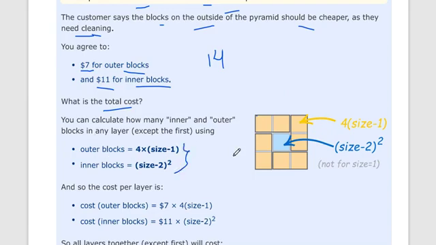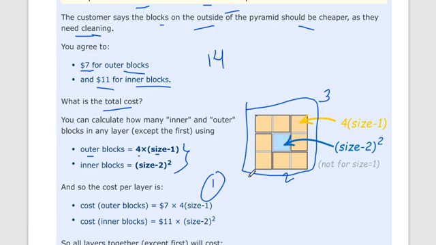Here we have some equations to calculate the number of outer blocks and inner blocks in the 14 stack. The number of outer blocks is equal to 4 into size minus 1. So what is the size? If it is the second layer, then the size is 2, and for the third layer, the size is 3. This is not valid for the first layer, because the first layer is only one block. It is valid for two layers and above.